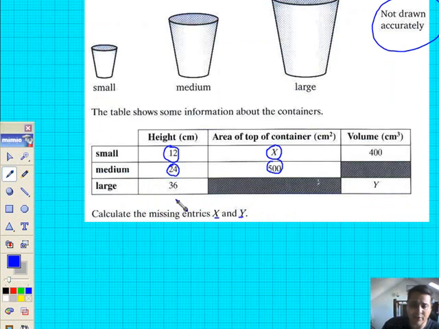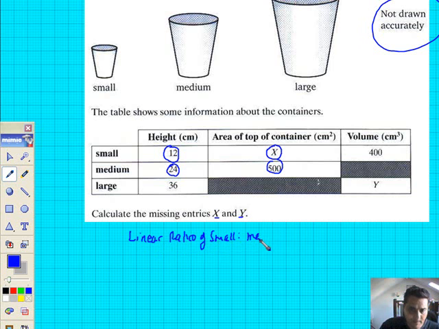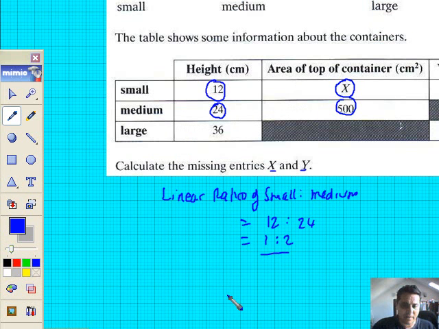We've got a linear ratio, haven't we? The linear ratio of the small to the medium is going to be 12 of the small and 24 centimeter height of the medium. So I can simplify that. That's called 1 to 2, and that's lovely.